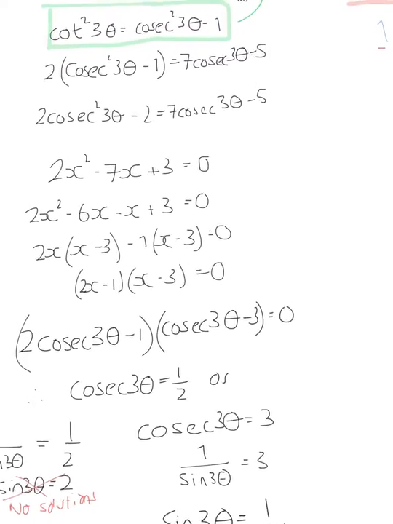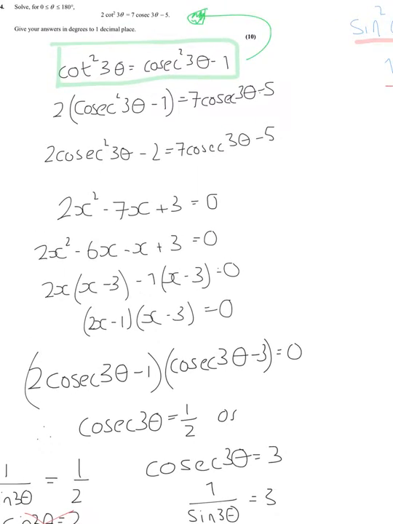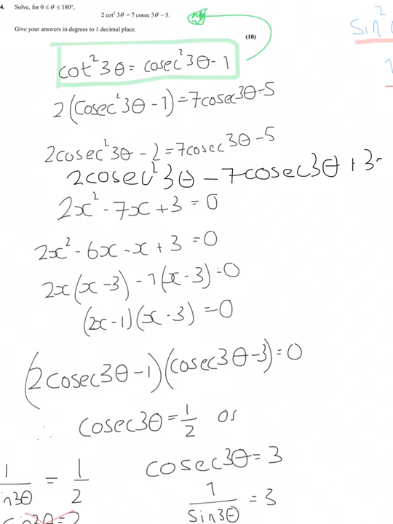Rearrange all of that and you get to a point where you've got something like 2 cosec squared 3 theta minus 7 cosec 3 theta plus 3 equals 0. To get to that point, you get 2 marks.